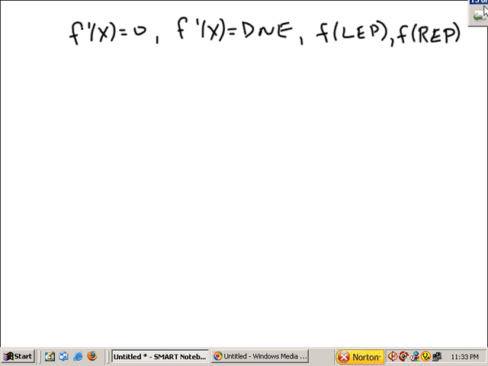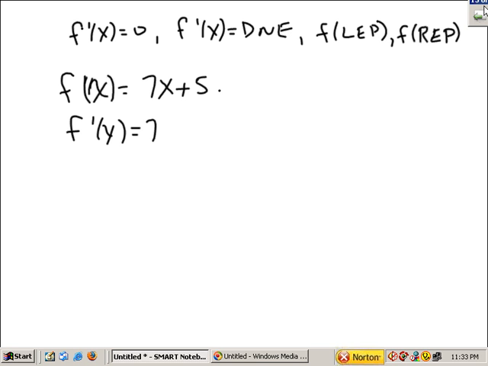So suppose I tell you that f of x is equal to 7x plus 5. So we take the derivative and we get 7. Now two things about this derivative. It's never 0, and it always exists, because it's always 7.